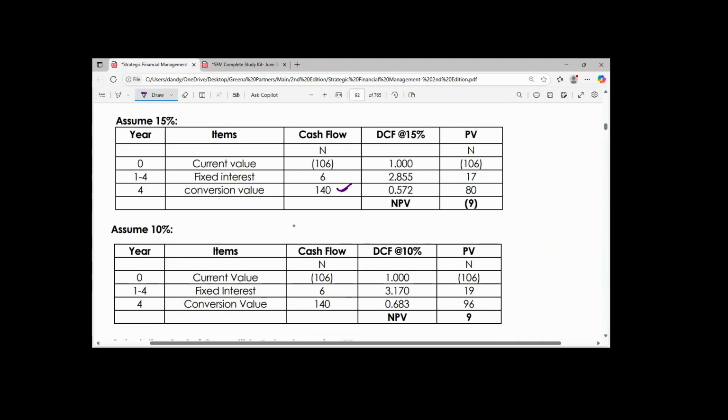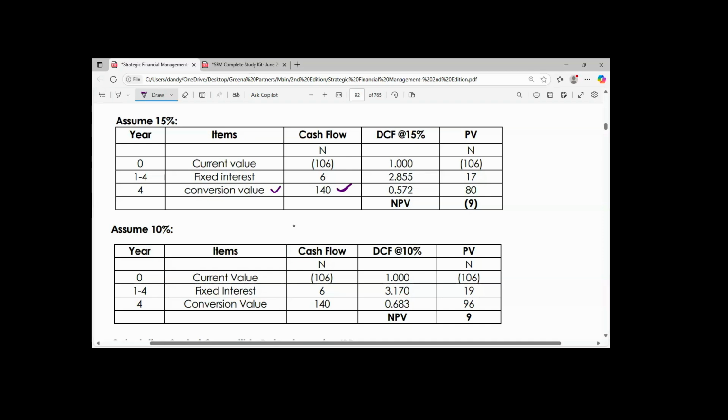In all the ones we have been calculating under preference share and also cost of debt, we have been using redemption value here. Because conversion value is higher than redemption value, we are using conversion value. But if redemption value is higher than conversion value, it is redemption value you are going to use.